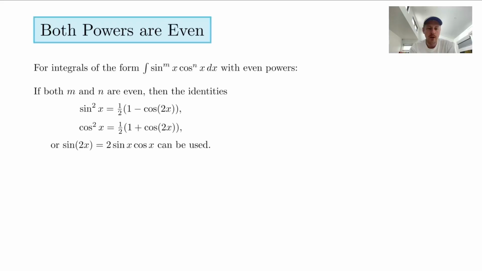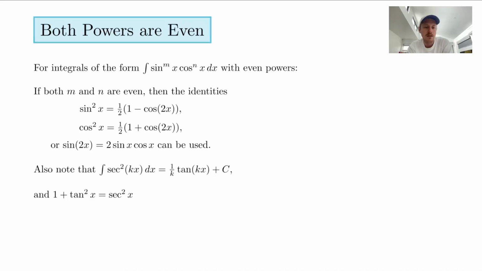Another thing you need when solving these problems is that the integral of sec² kx dx is 1 on k tan kx plus c, and also that 1 plus tan²x equals sec²x, because we're talking about even powers.